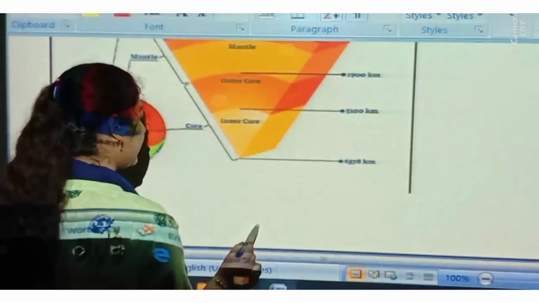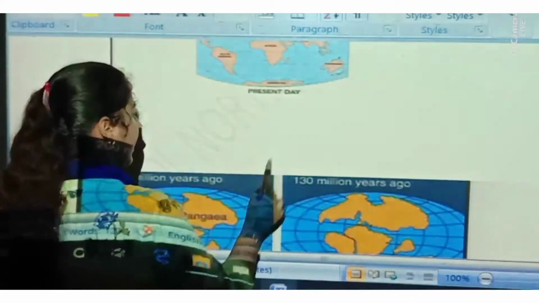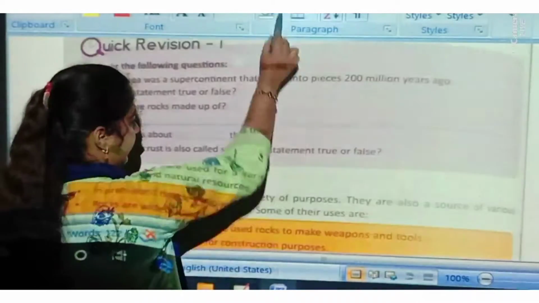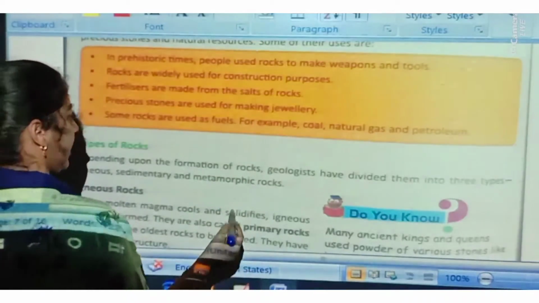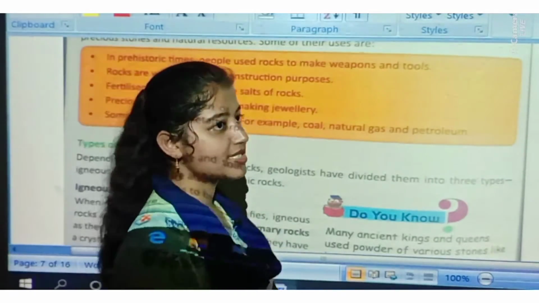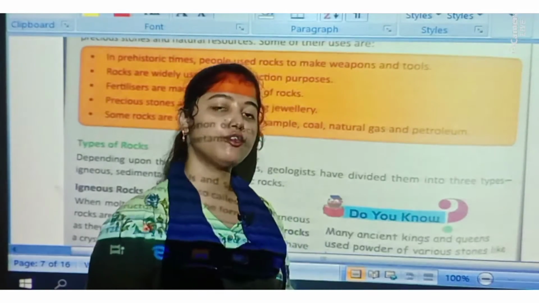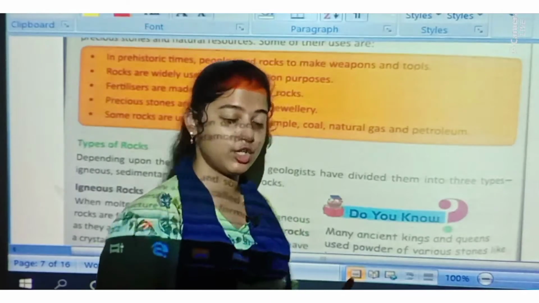We already knew how they are created and how they are named, like intrusive and extrusive rocks, and some features of igneous rock. Today in this video we will move on to the sedimentary rock portion and also its features. So have a look, students.